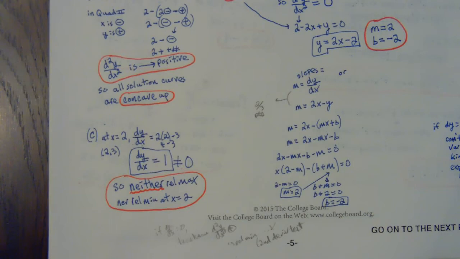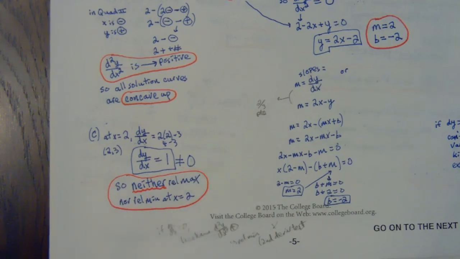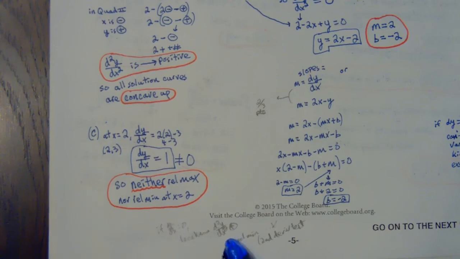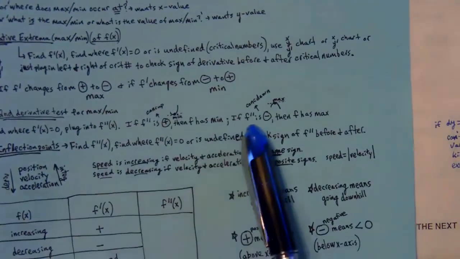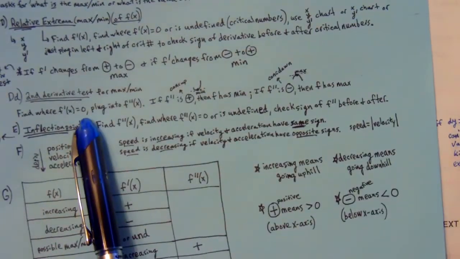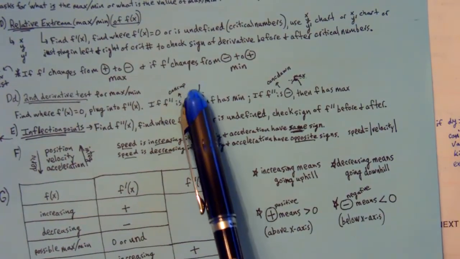Now, let's pretend for an instant. Let's do a little extension of that problem. If that derivative was equal to 0, what I then would do is go to that second derivative we found in part B. I would plug that point into the second derivative and try to determine whether the second derivative is positive or negative, and apply the second derivative test. If your first derivative is 0 and your second derivative is positive, then that would be a relative min.